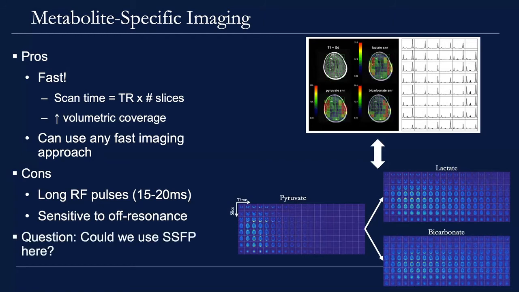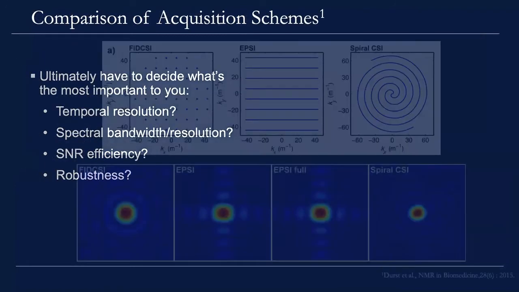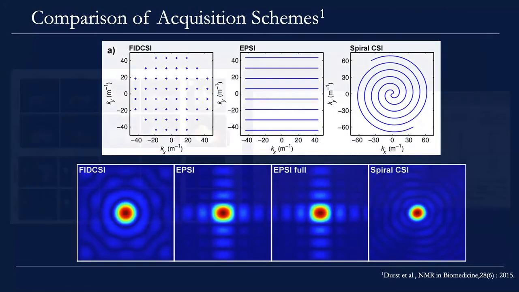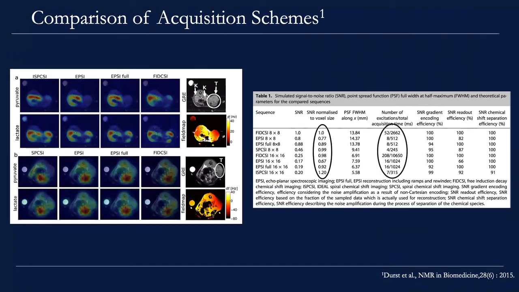So it's already past 2, so I'm going to skip around here. I just want to end by saying that there are lots of different ways that you can acquire hyperpolarized data. For the most part, they all have pretty similar SNR efficiencies.